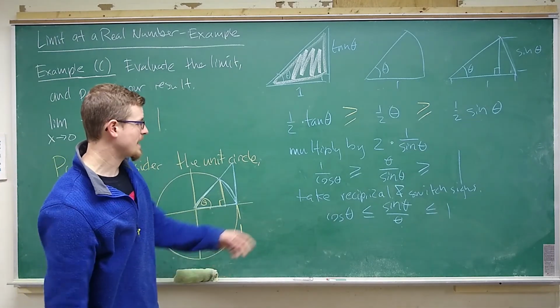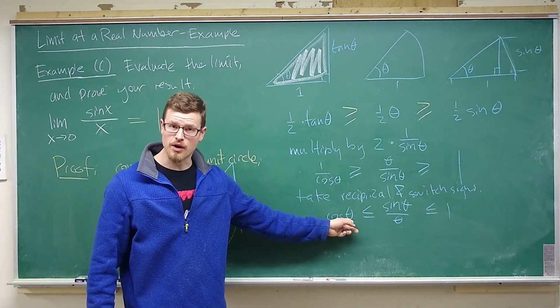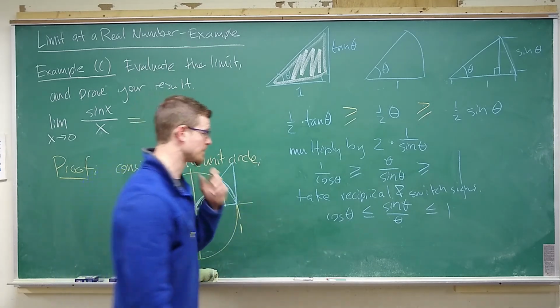Now, the limit as theta goes to 0 of cosine is exactly 1.